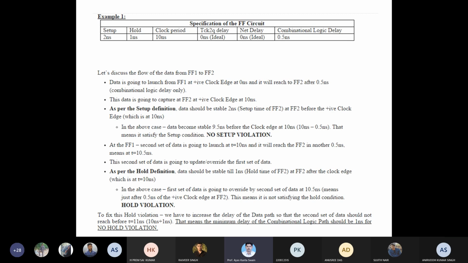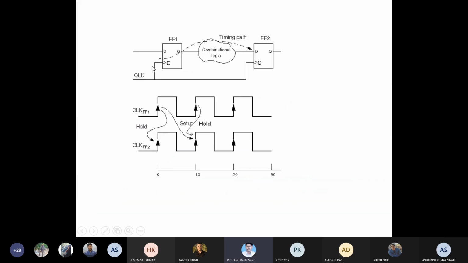Okay. So data is going to be launched from FF1 at the positive clock edge at 0 nanosecond, and it will reach FF2 after 0.5 nanosecond, because we have taken the propagation delay of FF1 as 0 and the combinational logic delay as 0.5 nanosecond.